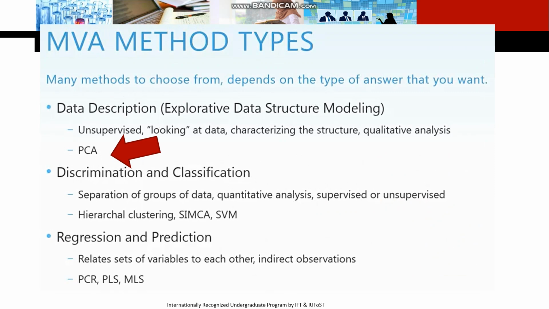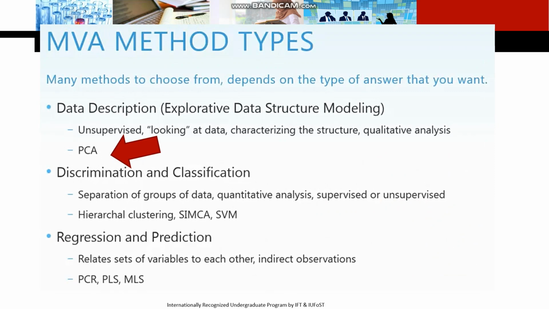Multivariate analysis method types: there are many methods to choose from, depending on the type of answer that you want. The first is data description. Remember the two types of statistics, descriptive statistics and inferential statistics.